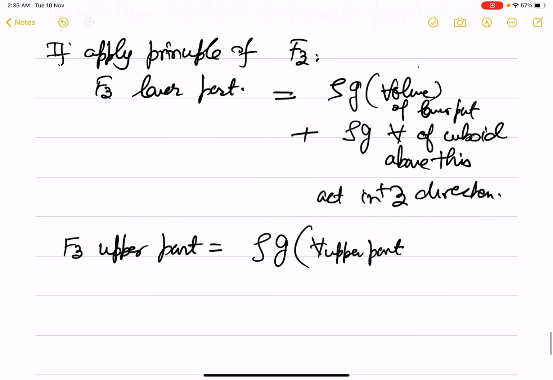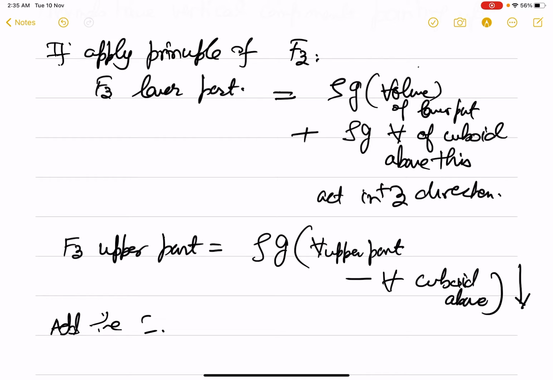So therefore volume of the upper part, minus volume of the cuboid above, and this force will act in the downward direction. And when you add the two, actually it will be the other way around, volume of the cuboid above plus this, which will be acting down.